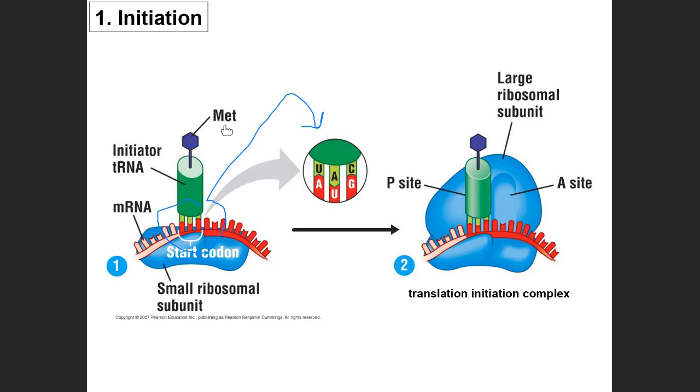Okay. Third, the large ribosomal subunit will then attach to the small ribosomal subunit, resulting in the initiator tRNA bound to the mRNA start codon being positioned in the P site.